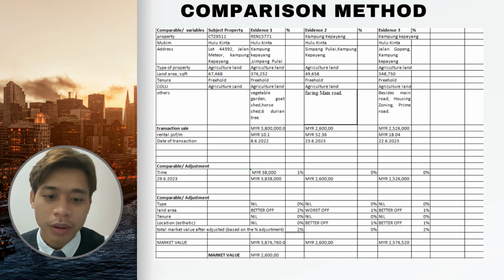We compare by using better off, worse off, and nil for remain the same, by referring to the information that we have. At the end, after we do the calculation, we get the most current market value, compare, and determine which is the most accurate price for the land subject. And that's all for the comparison method.